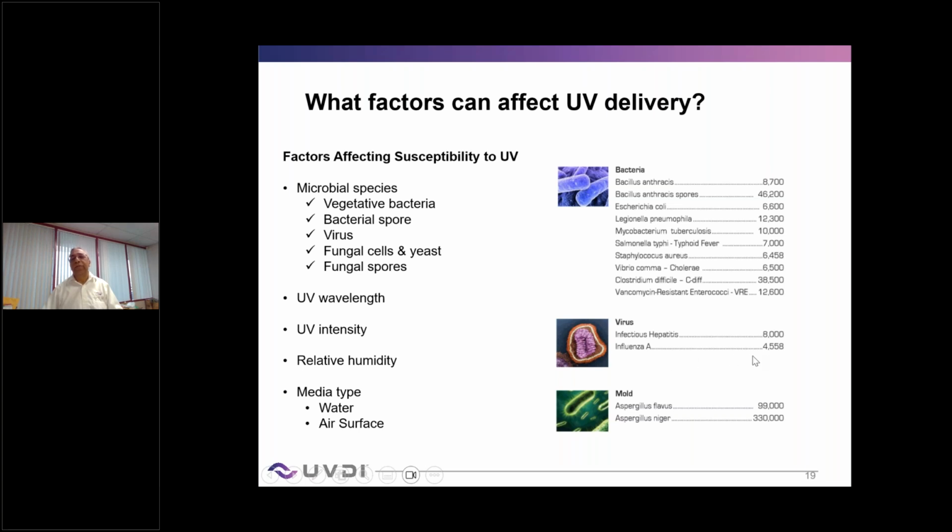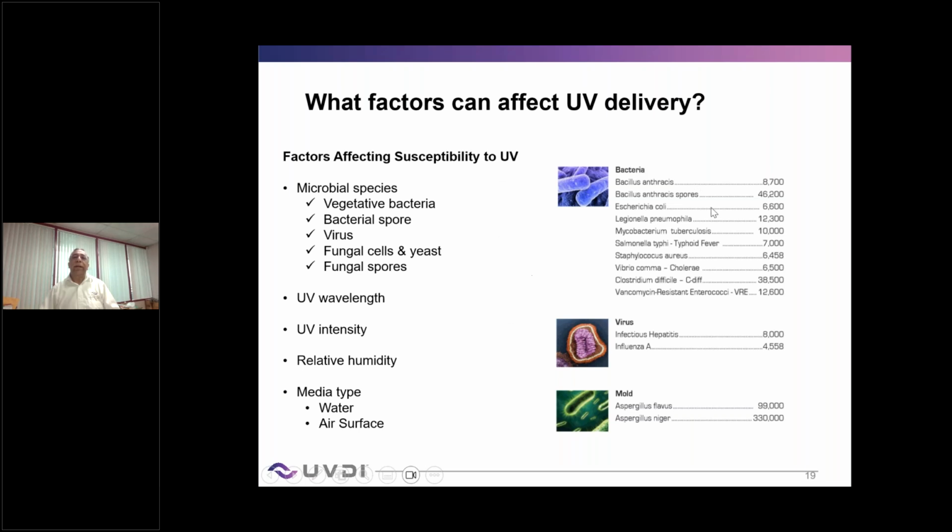So SARS-CoV-2 is very susceptible to UV and gets inactivated very quickly. On the other hand, mold is thick-skinned and needs a much higher dose, at least 5 to 10 times the dose for a bacteria or virus.